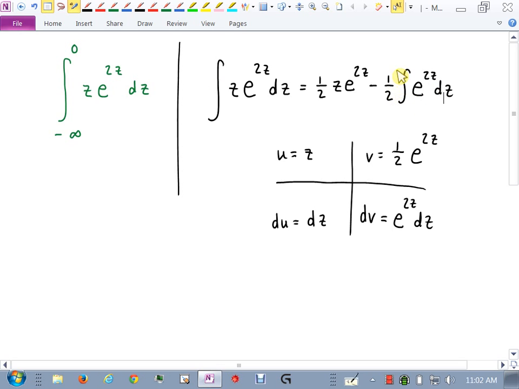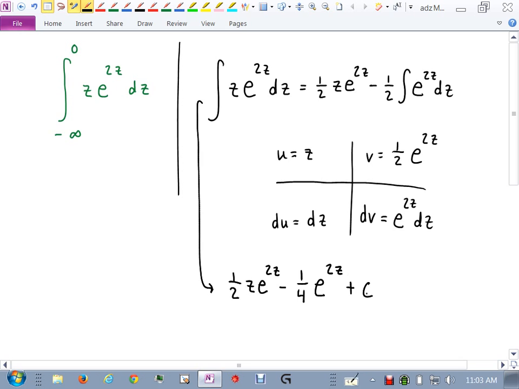The 1/2 and the 1/2 multiply to be 1/4. So all of this becomes 1/2 z e to the 2z minus 1/4 e to the 2z. Then we say plus a constant, if we're doing this as an indefinite integral.